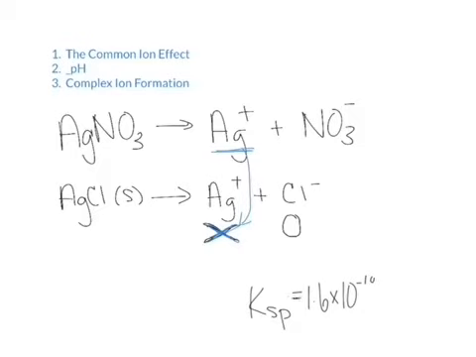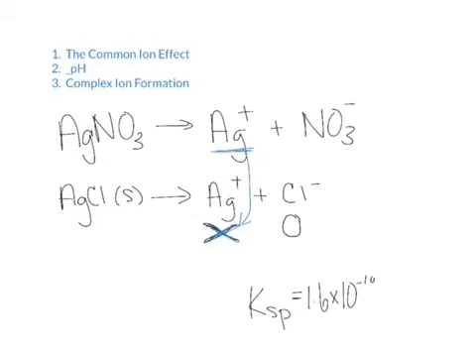If you were to have this species dissociate, it would not dissociate much because there is already some Ag+ in solution. This is the common ion effect, where if you have a little bit here, it pushes the overall equilibrium back towards the reactant side.